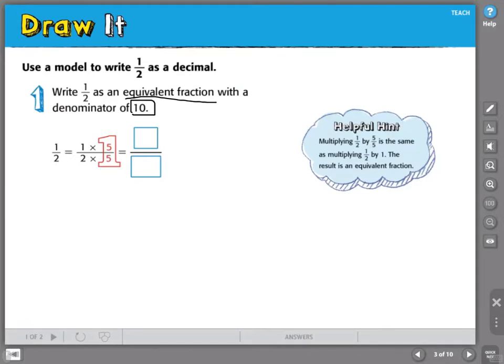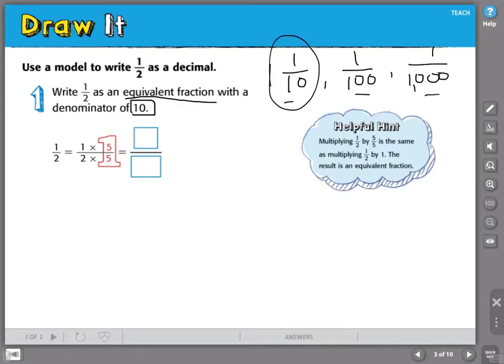Now, why did we choose 10? That's because decimals are either tenths, hundredths, or thousandths. We could have made an equivalent fraction with any of these denominators, but the easiest one is going to be tenths. So let's try that.